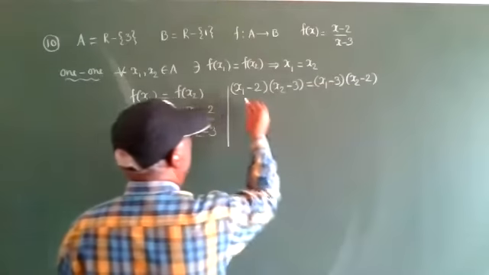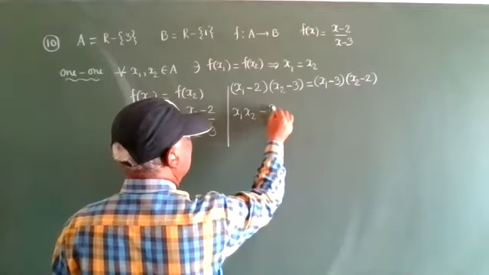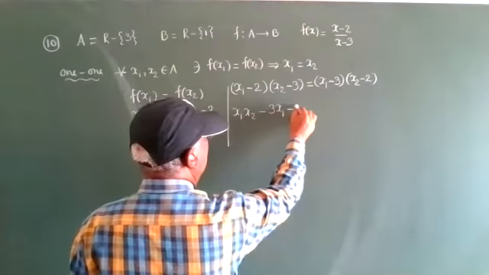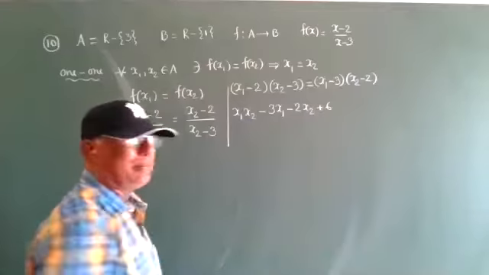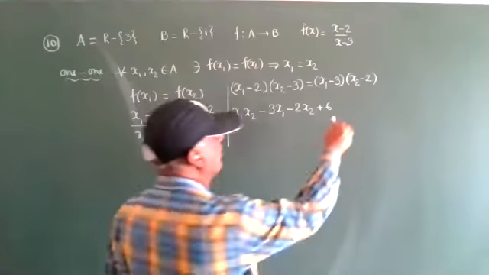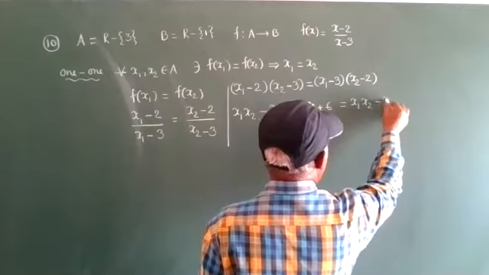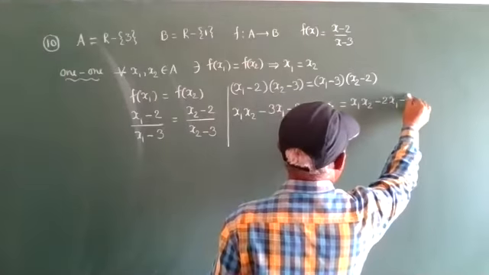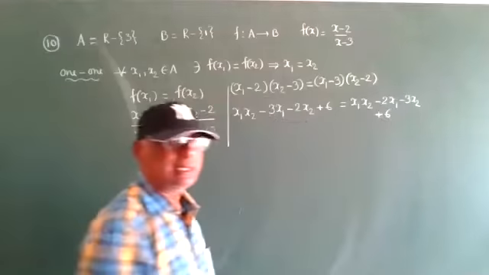So x1x2 minus 3x1 minus 2x2 plus 6 is equal to x1x2 minus 2x1 minus 3x2 plus 6.